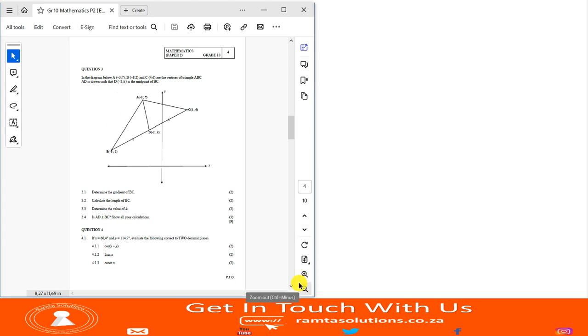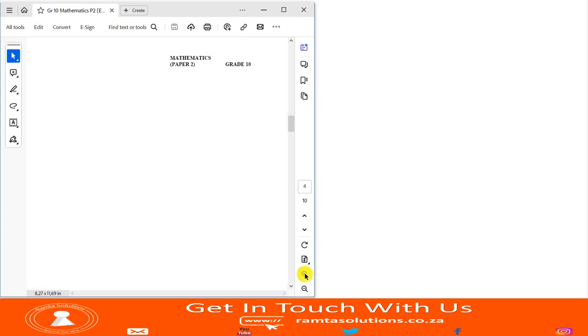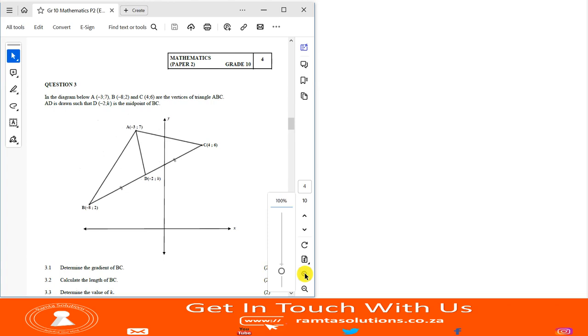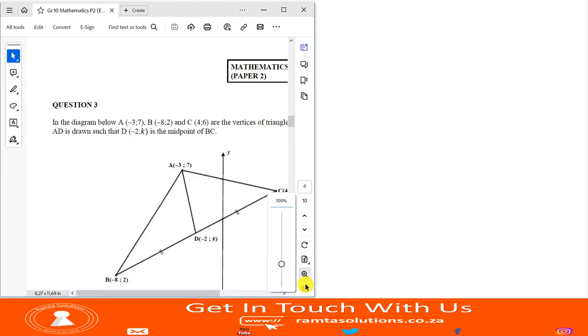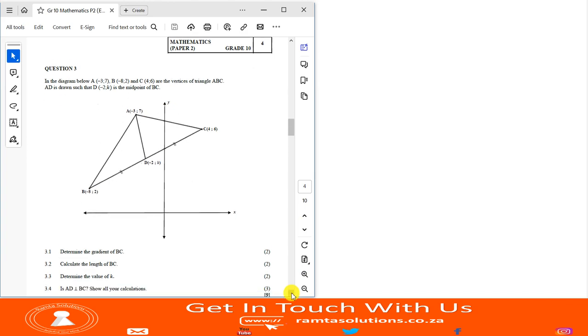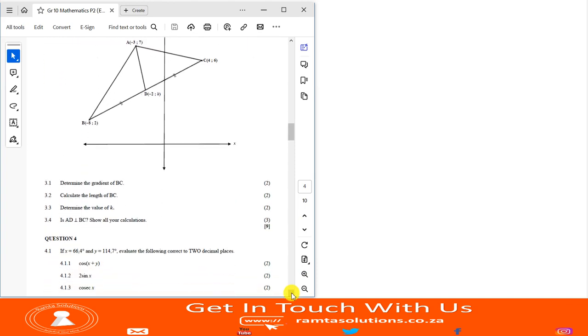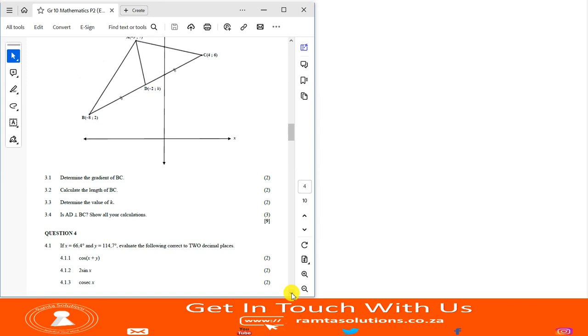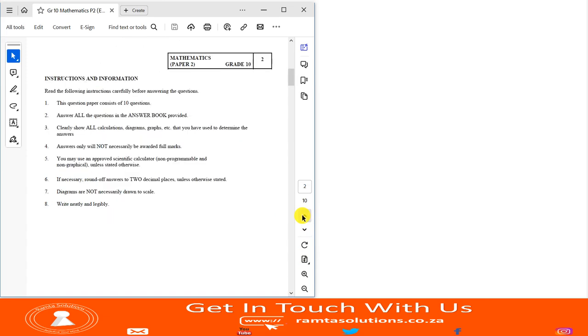As you can see, it starts on question 4. Let me try to zoom it. Okay, perfect. Now, without wasting time, remember, guys, whenever you do past papers, let me go to the instructions page, there's a point.